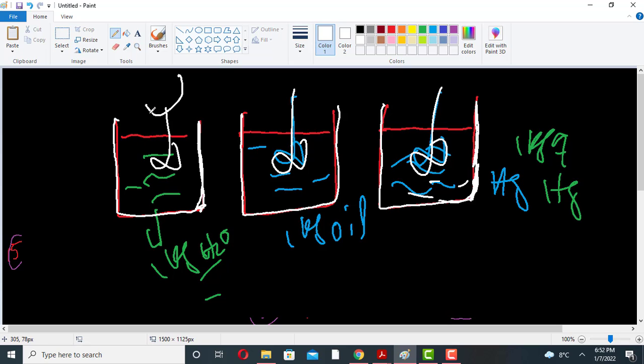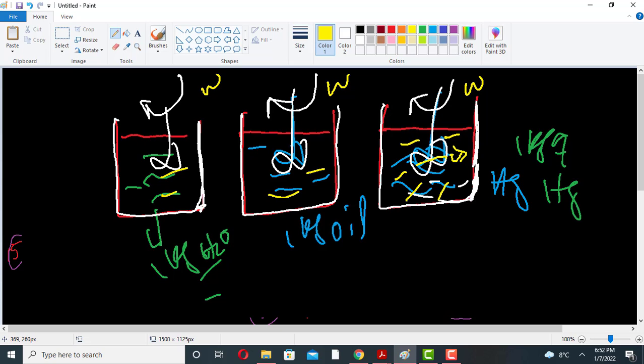So we apply some stirrer work, and the work of the stirrer is converted to the heat of this liquid. So the work done by the stirrer on these liquids will be equal to the change in energy of the beaker.